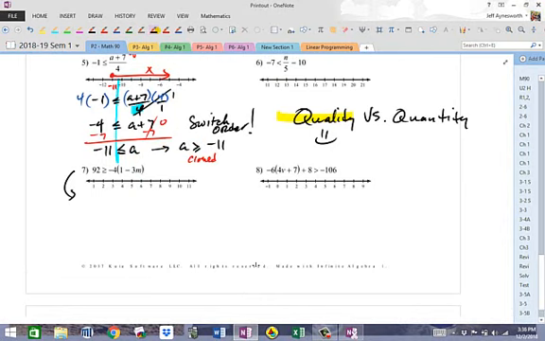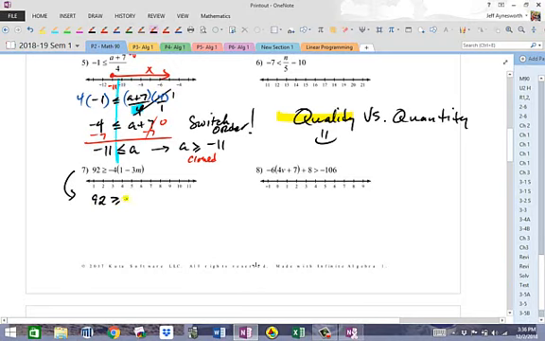Quality of work matters. Now on this one, we've got 92 is greater than or equal to negative 4 times the quantity 1 minus 3m. There are different ways of doing things. You can divide by negative 4 first, or you can distribute through. I don't care how you do it; it all depends on your style.